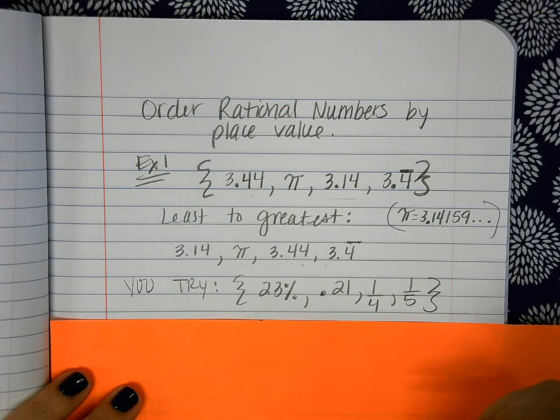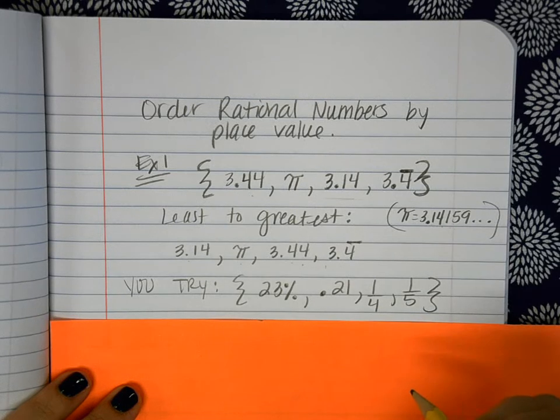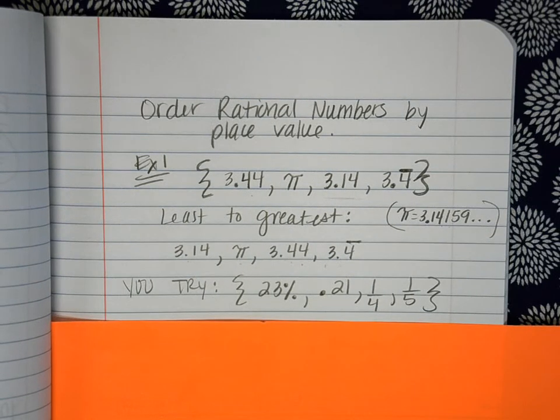Remember, to order the fractions, you're probably going to need that lowest common denominator as well, unless you just know it. I know. Some people do. They're really good with that. Some people need to get the common denominator.